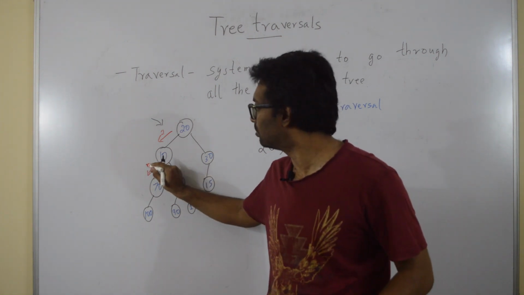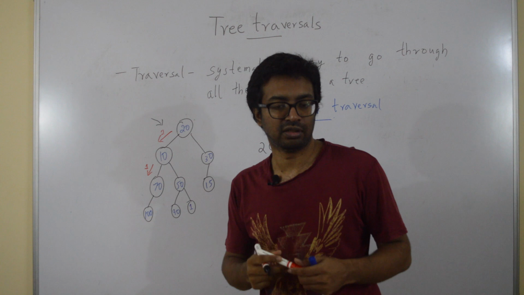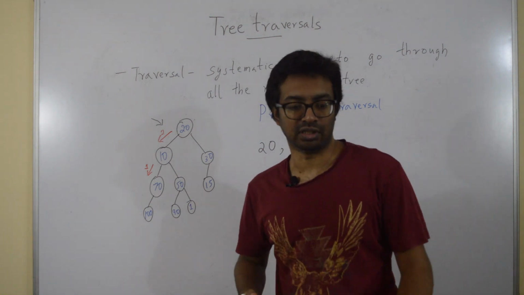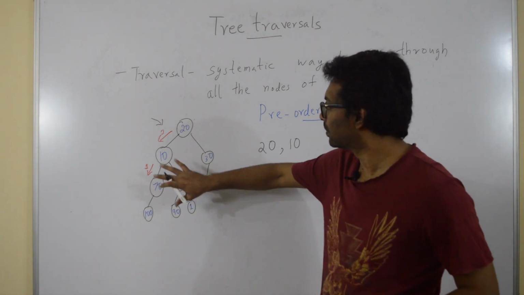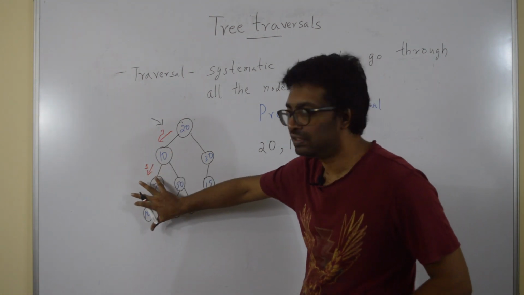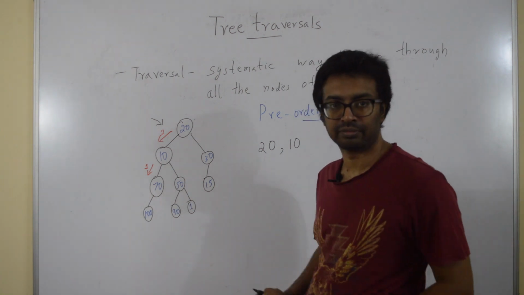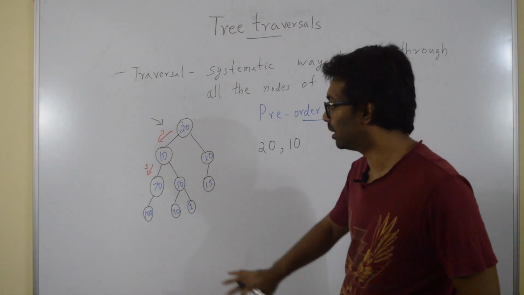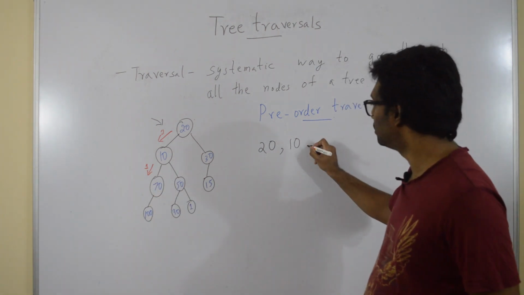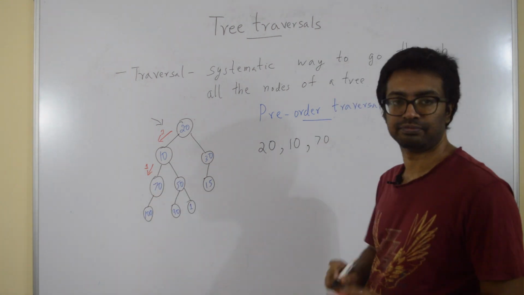This is again the first thing I do here. I visit this subtree and then I visit this subtree. When I visit the subtree, I'm going to first visit the node there, its root. So I print 70. Good.